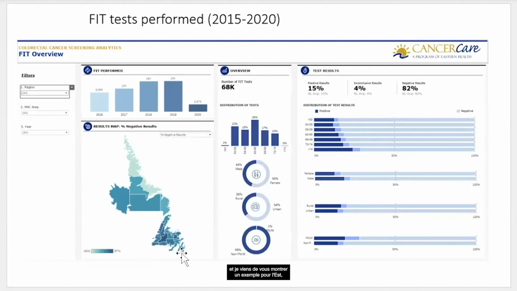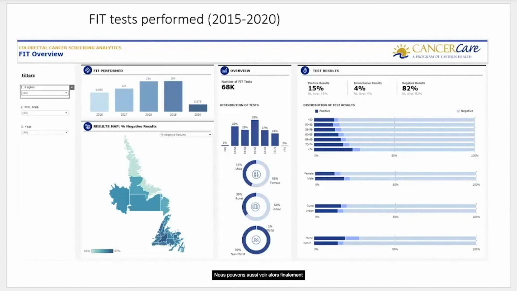I just showed you an example for Eastern, and we could get that regional breakdown or public health zone breakdown, which is really important in helping to tell that story of colon screening. You can anecdotally be told there's more colon cancer in a certain region of the province than others. Well, yes, our data can confirm that, or no, our data can't confirm that. So again, it helps with planning, but it helps telling that story.